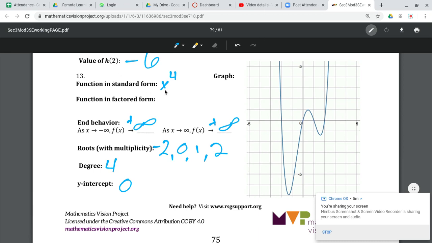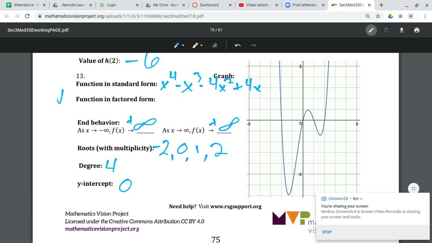Okay, the function x to the 4th minus x to the 3rd minus 4x squared plus 4x. The factored form of this, I'll let you work out. Use factor by grouping to group this and simplify it down, okay?